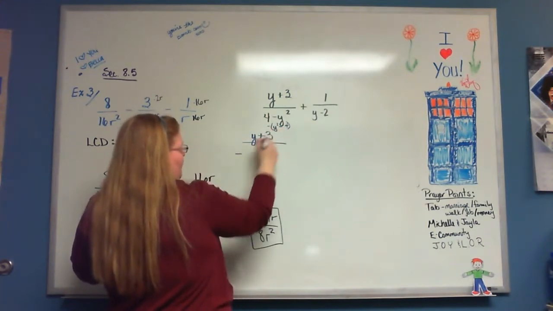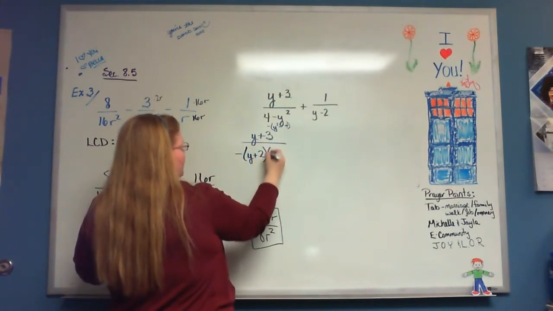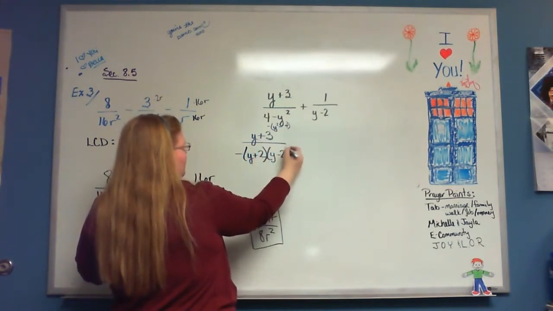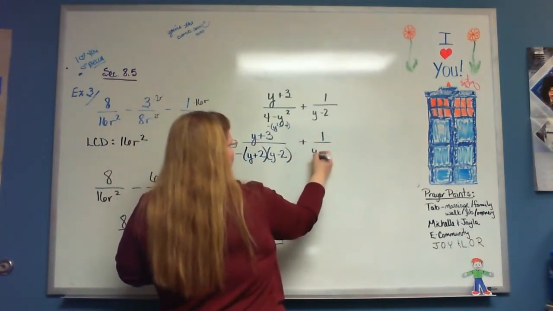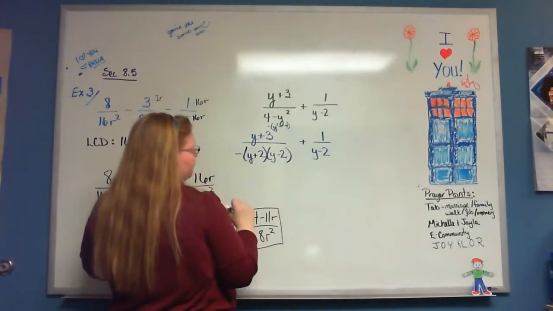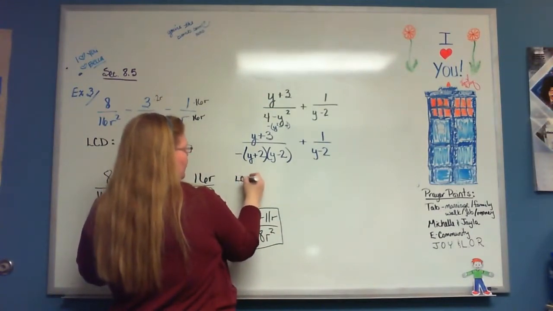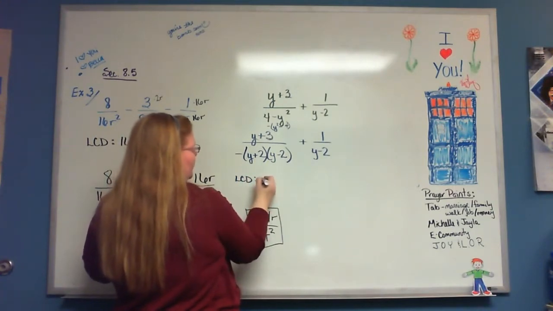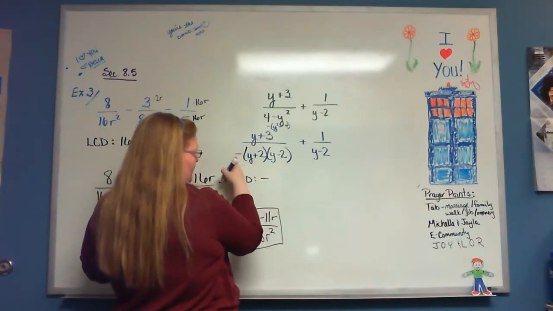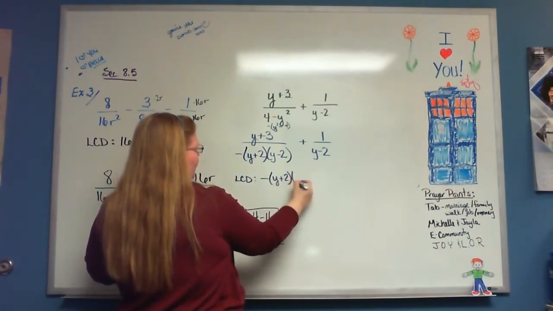Now I can factor out my y squared minus 4 into a y plus 2, y minus 2. So when I go to find my LCD, it's going to be that negative y plus 2, y minus 2.